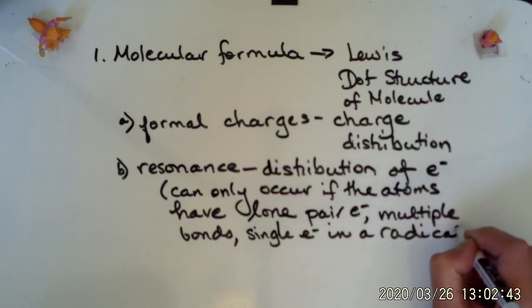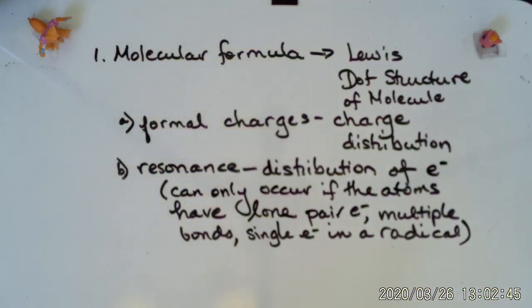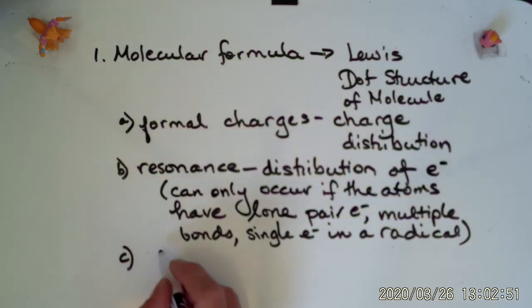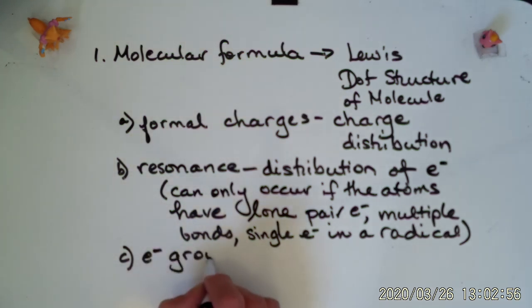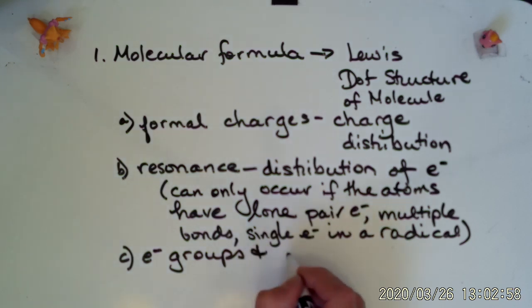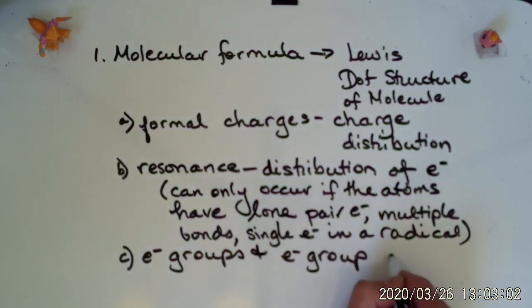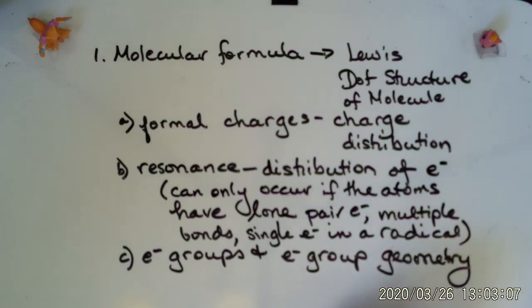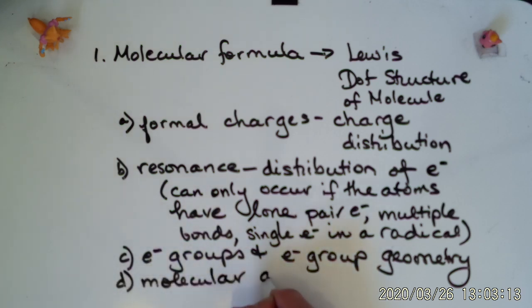Okay, what else did we learn from just a single molecular formula, and we drew the structure? Formal charges, resonance, then we knew about our electron groups and electron group geometry. We can get the molecular geometry.